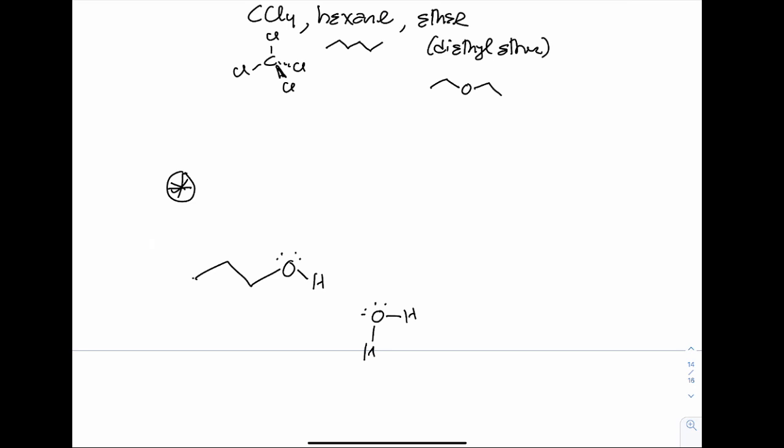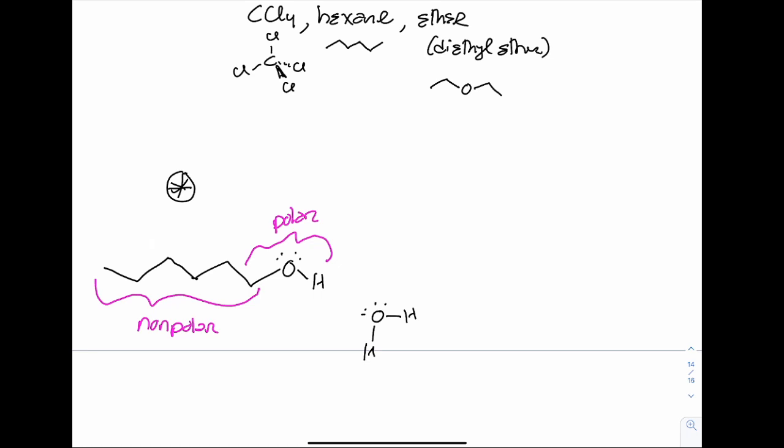However, if I go and add more carbons to this, what happens is that this entire part is nonpolar. And it's just this little bit, that's supposed to be a bracket, sorry, that's horrible, is polar. So looking at an organic molecule, just because it has a polar end, doesn't mean it's necessarily going to dissolve in water.